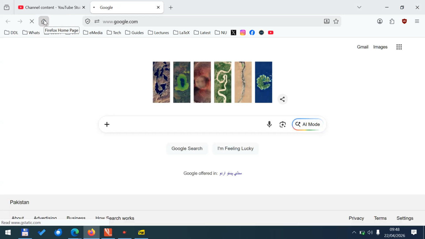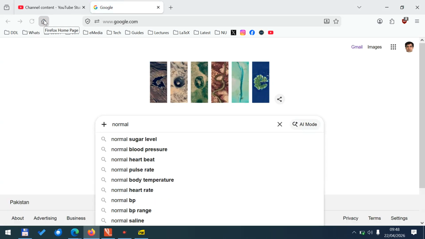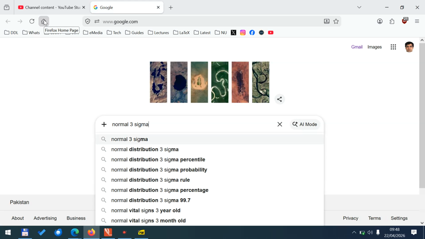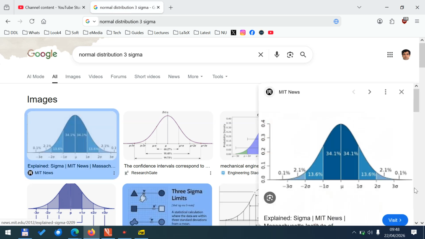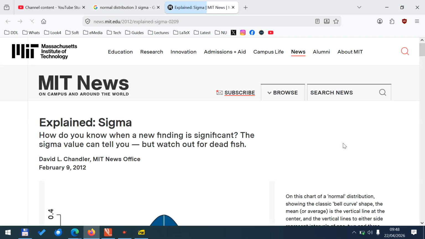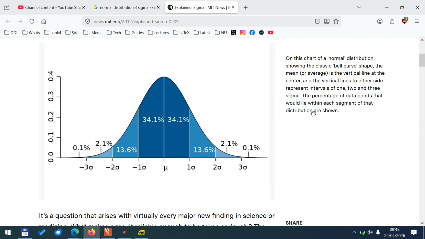Normal distribution 3 sigma, and you will see this plot. Look at this now. This is 34.1% and 34.1%. If you add the two, what do you get? 68.2%. You have it in plus minus 1 sigma, right? Can you see that? Then when you add another sigma plus minus, you add 13.6 and 13.6 to both sides.